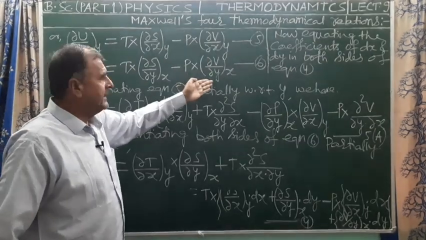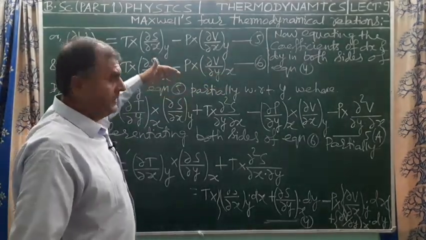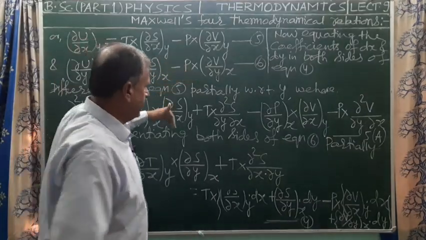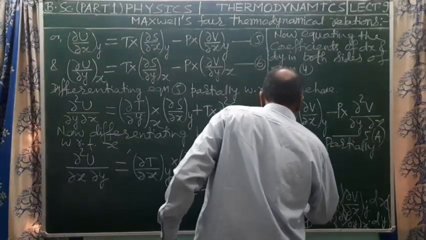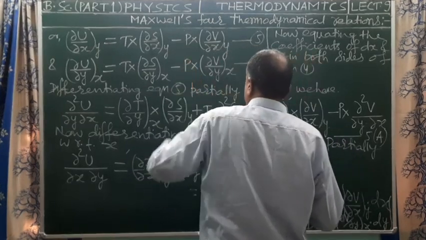Now we have to differentiate the second term of equation 6, that is p multiplied by del v upon del y at constant x with respect to x. So again we have first term is we have to differentiate p with respect to x.